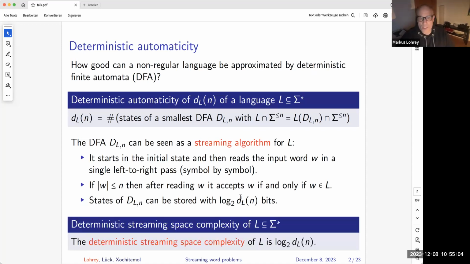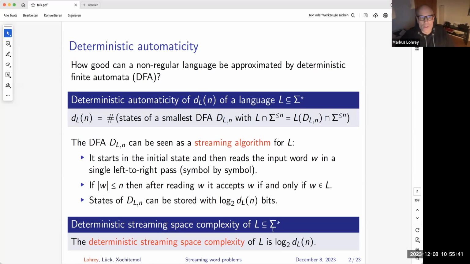Now we define the deterministic streaming space complexity of our language L simply as the binary logarithm of the deterministic automaticity of the language L. That's basically the streaming space that we need to accept the language L. In principle, there's no big difference between the deterministic automaticity of a language and the streaming space complexity. There's just this logarithm of 2. But in principle, it's the same concept.